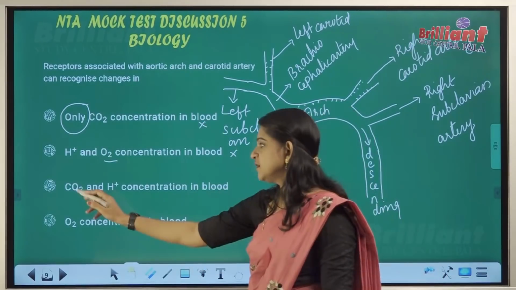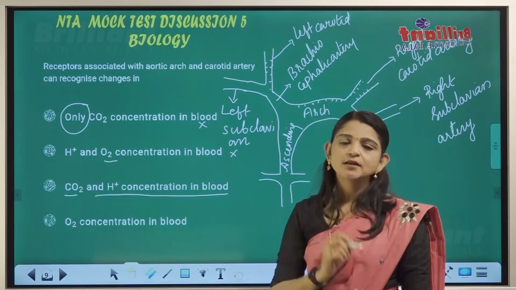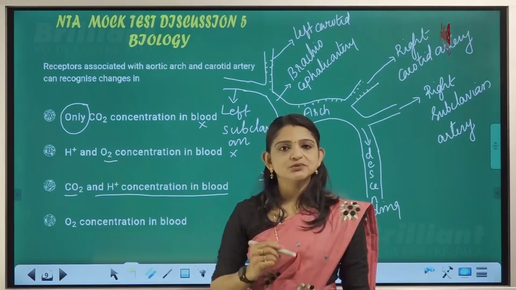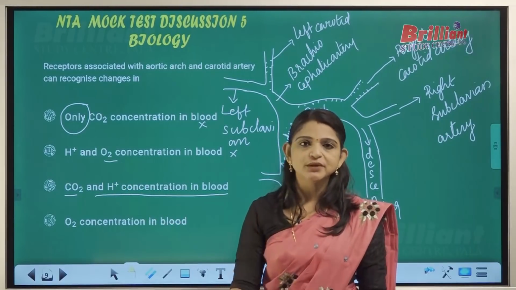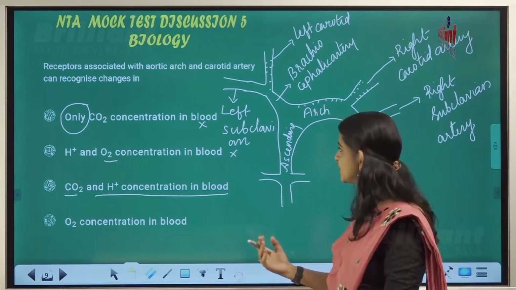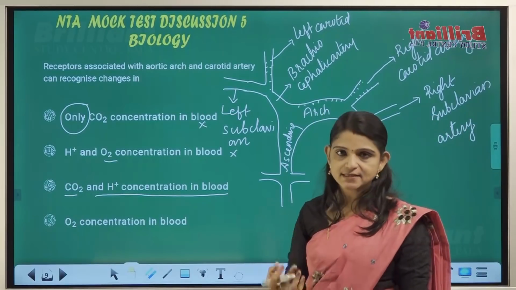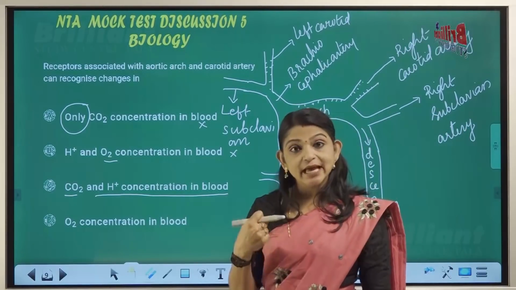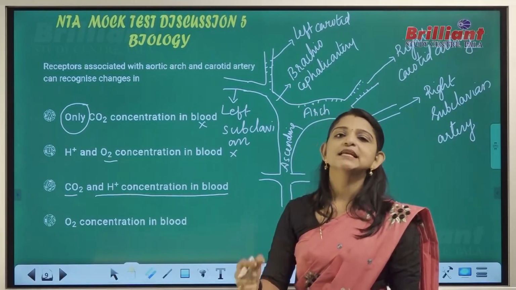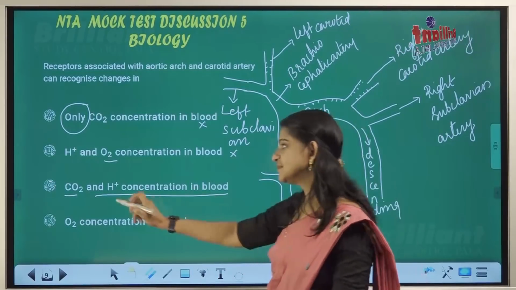Next one, carbon dioxide and H plus concentration in blood. Whenever carbon dioxide is increasing in blood, it will give problems. So to avoid that, the receptors present in the aortic arch and carotid branches recognize the amount of carbon dioxide present in the blood and give stimulation to the concerned organ. So this is correct.